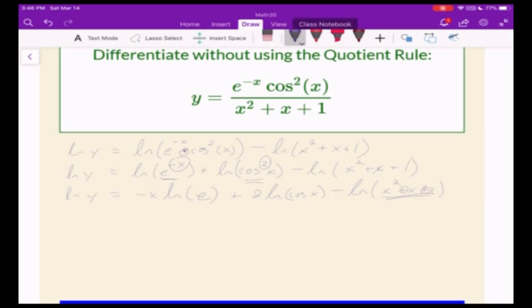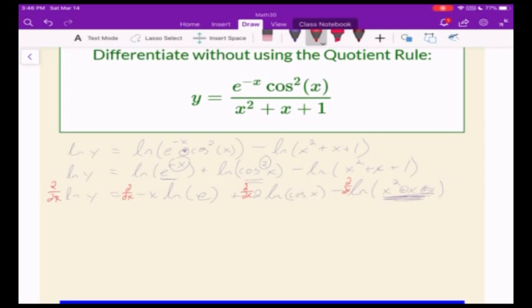It's not like the whole argument is being taken to a power, as it was in the other two examples, the natural log of e to the negative x and the natural log of cosine squared. So I can't bring the power down for this last one. There's no log rules that let me simplify that at all.